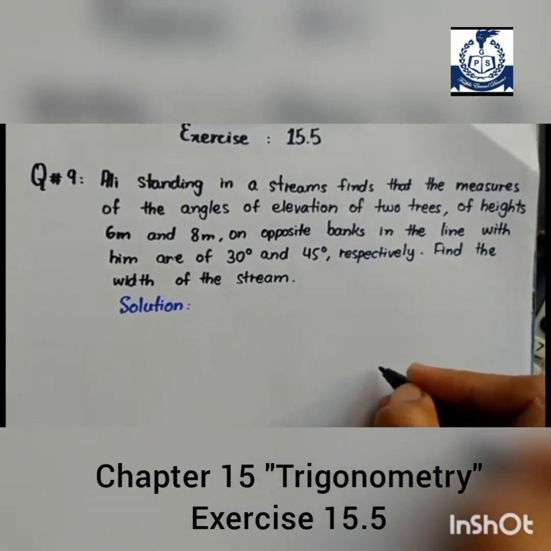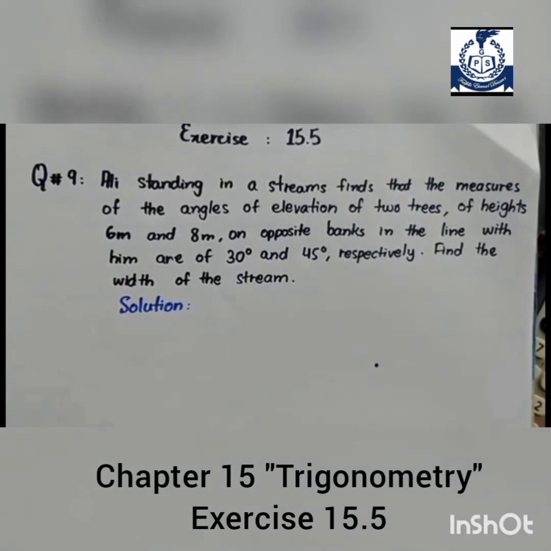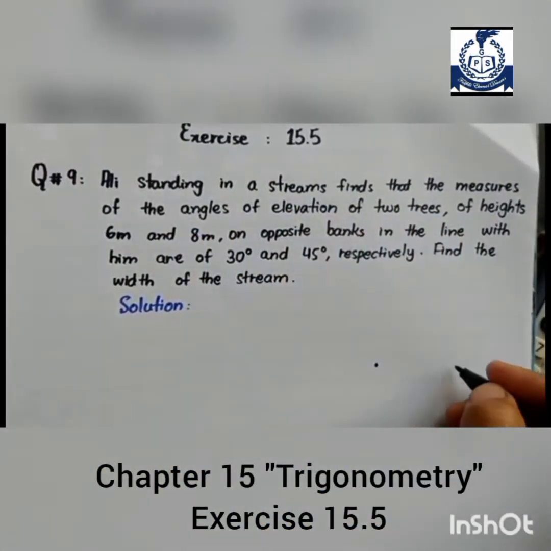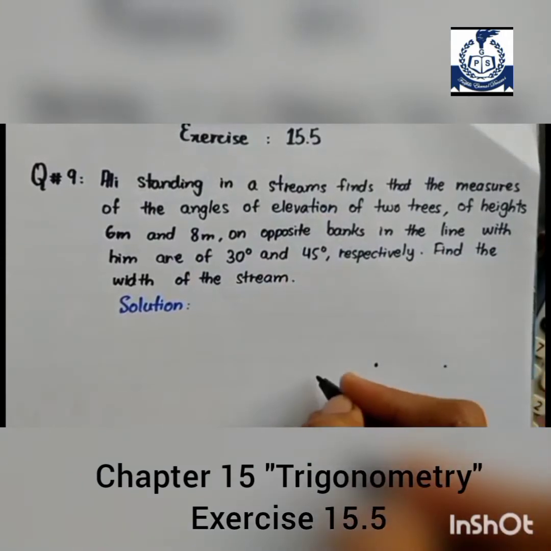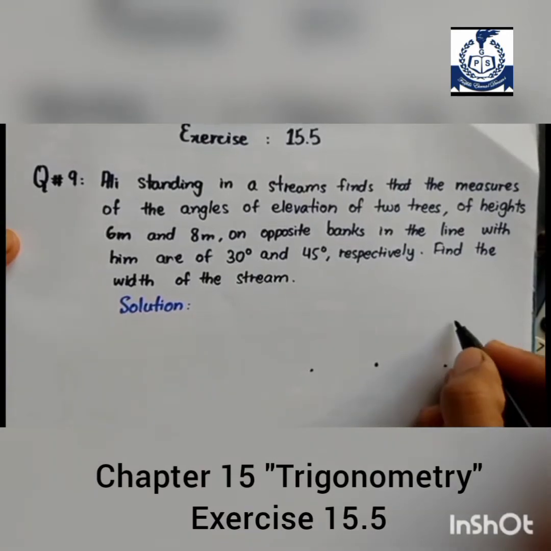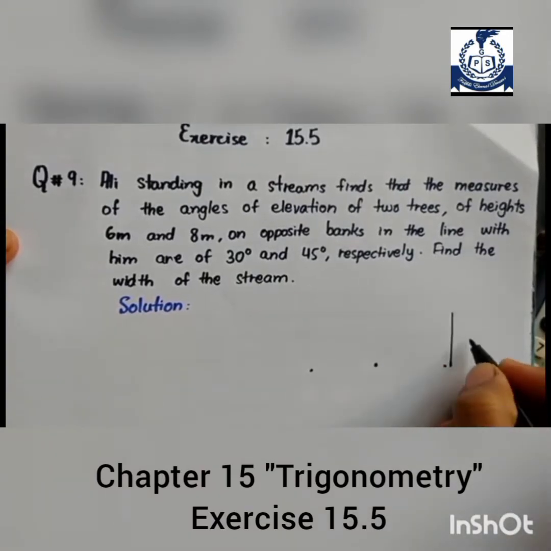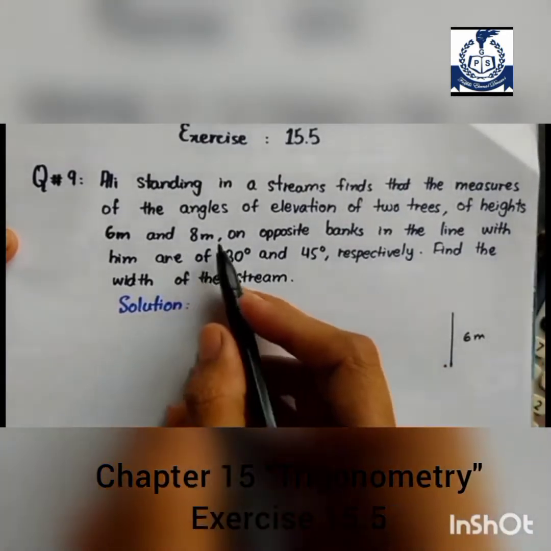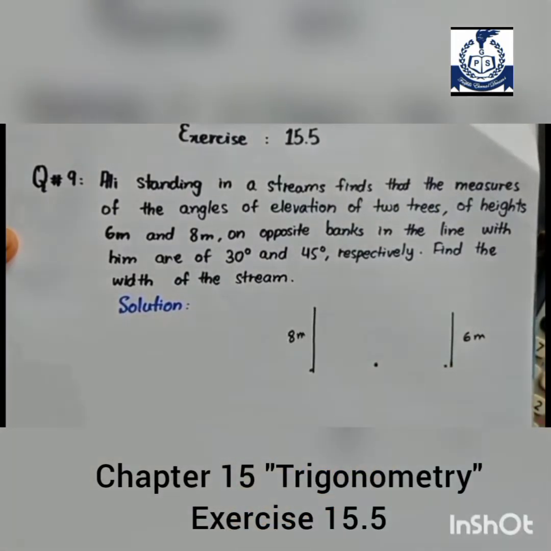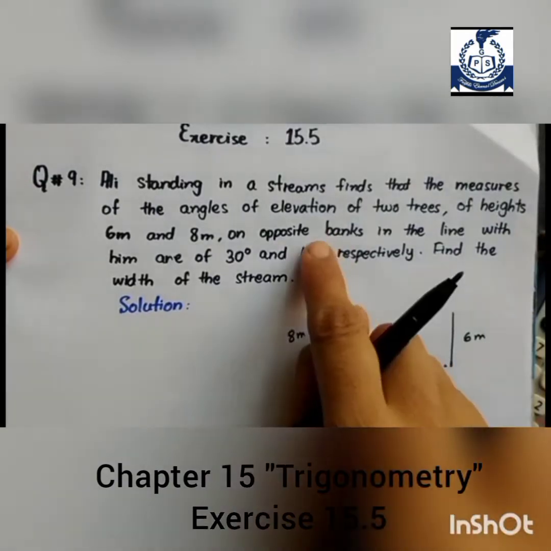So here I make a figure. Ali is standing in a stream and we have two trees. So here I make a dot for the two trees. Here is one tree which is 6 meters in height, and this is the second tree whose height is 8 meters.